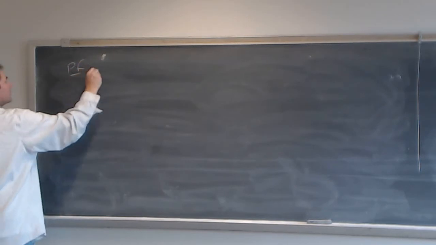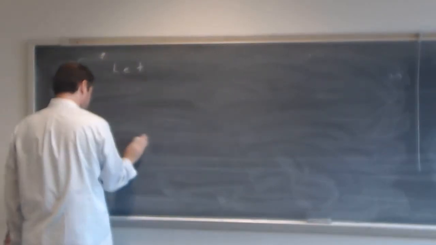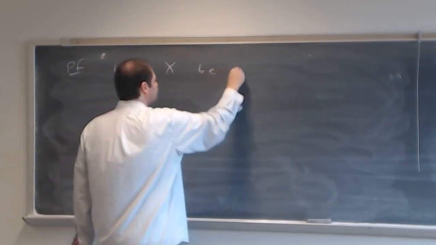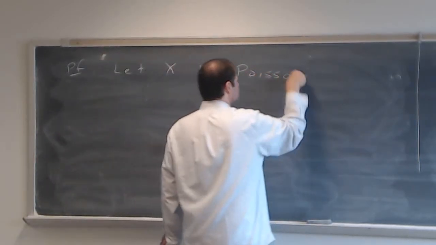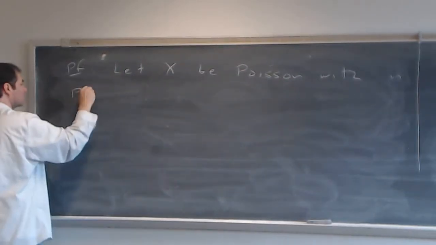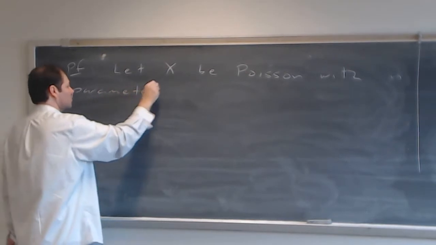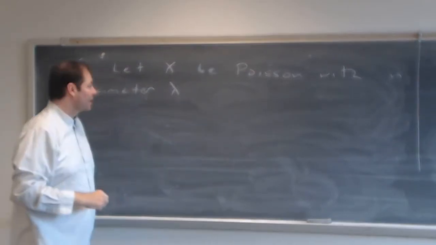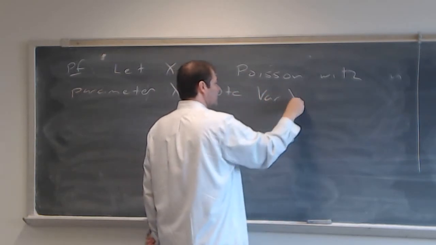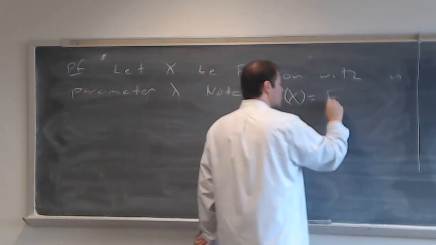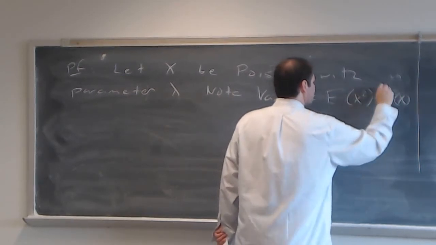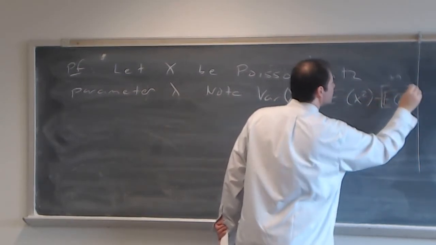So here's the proof. We're going to let x be Poisson with parameter lambda. Note, we've got a formula for the variance, and that the variance for any discrete random variable is equal to the expected value of x squared minus the expected value of x, squared.